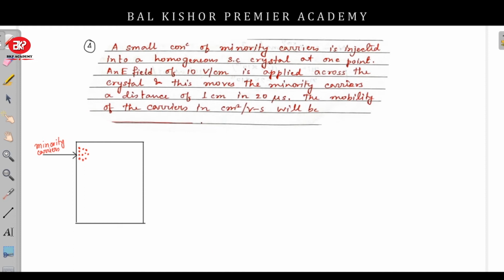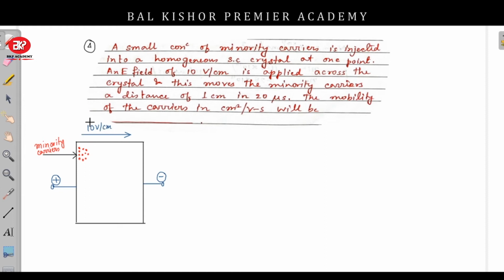Let us assume that some voltage is applied here. Suppose I put positive polarity here and negative polarity there. If this type of electric field has been produced, then the electric field direction will be like this. This is the electric field direction, and the value of the electric field is given by 10 volt per centimeter.